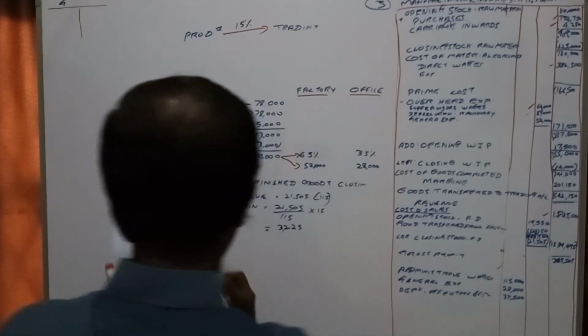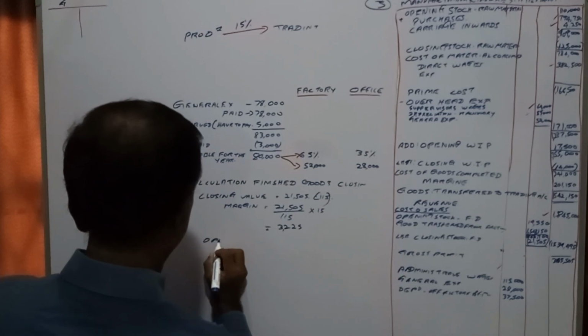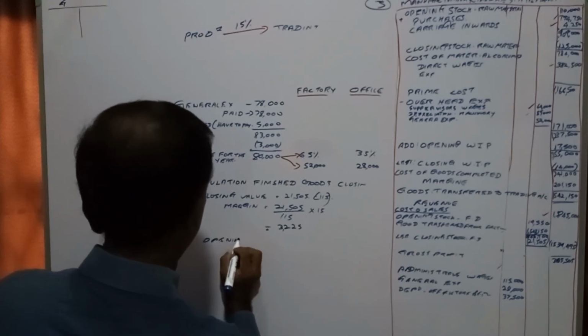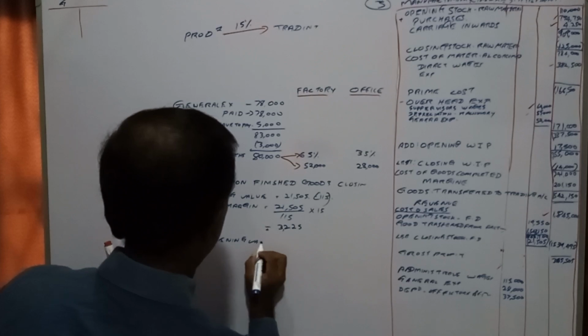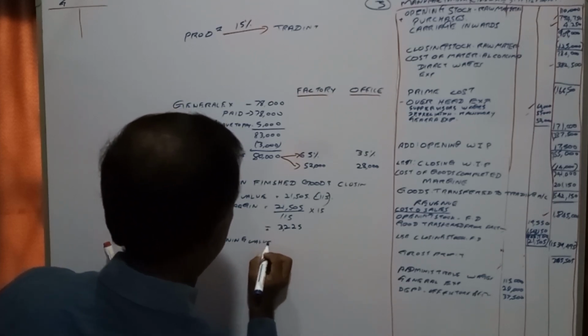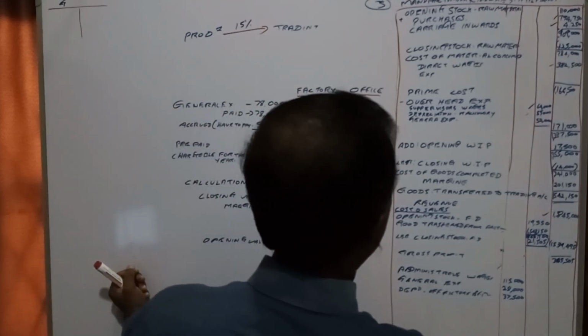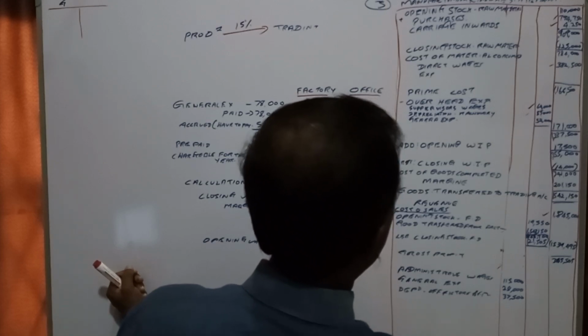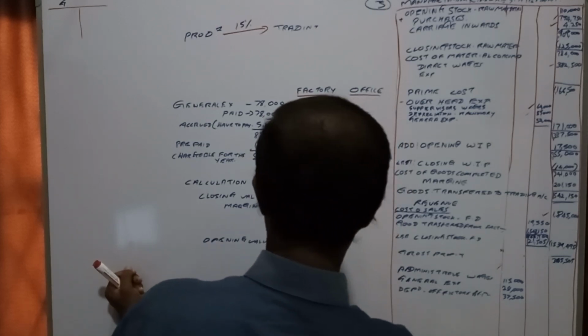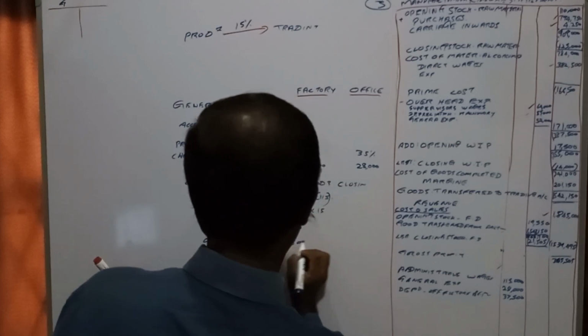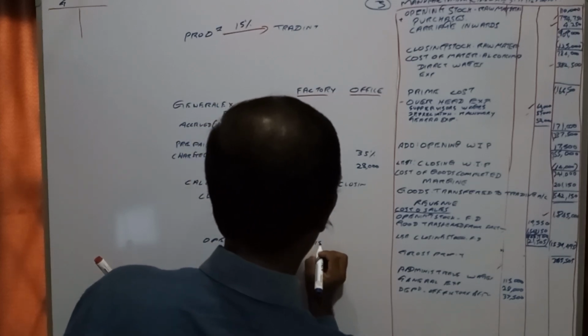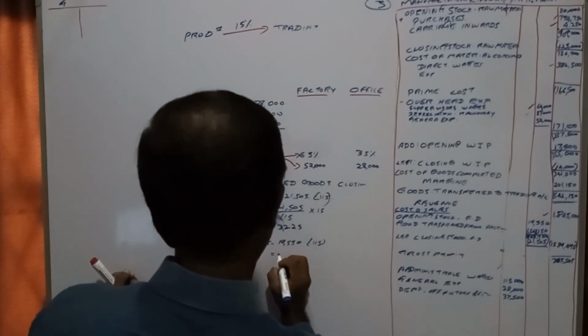Right? Opening value is 19,550. It is equal to 115.